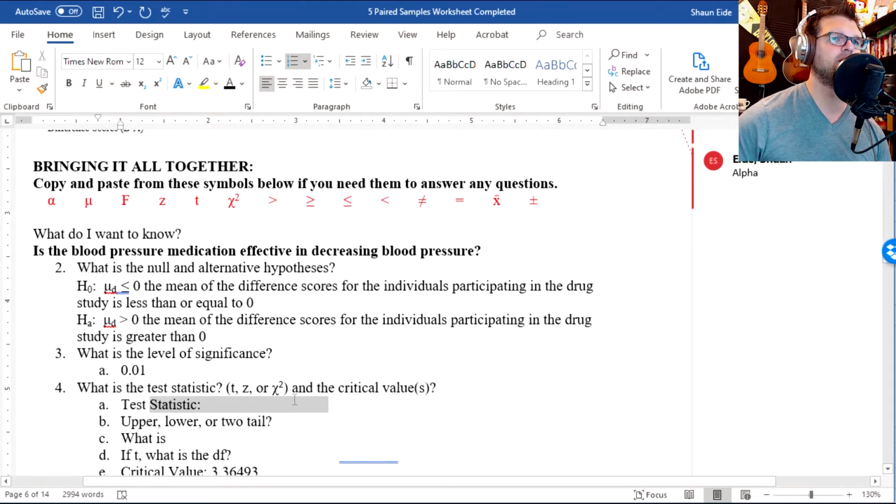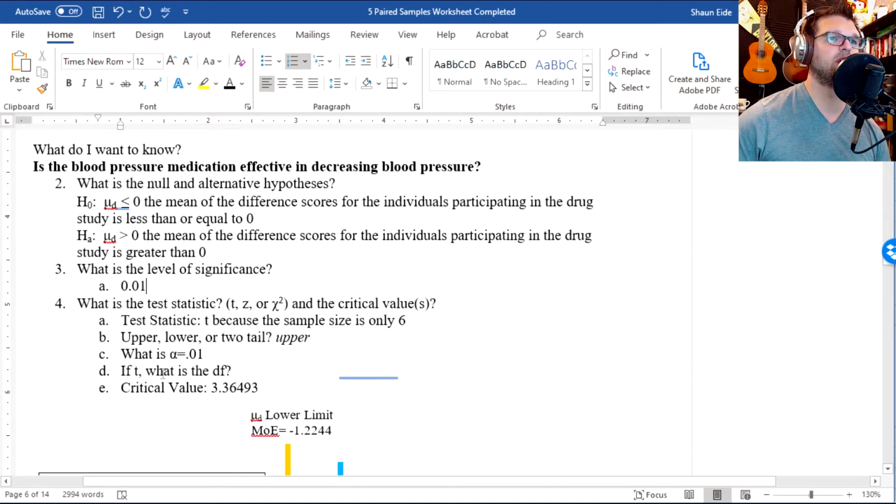So our test statistic is going to be t, because the sample size is only 6. Is this going to be an upper, a lower, or a two-tail? Well, we just answered that, and it's actually going to be an upper. Even though it really seems like it's going to be a lower the way that it's phrased, it's actually going to be an upper. And then also the alpha of 0.01, which is the same as the level of significance.